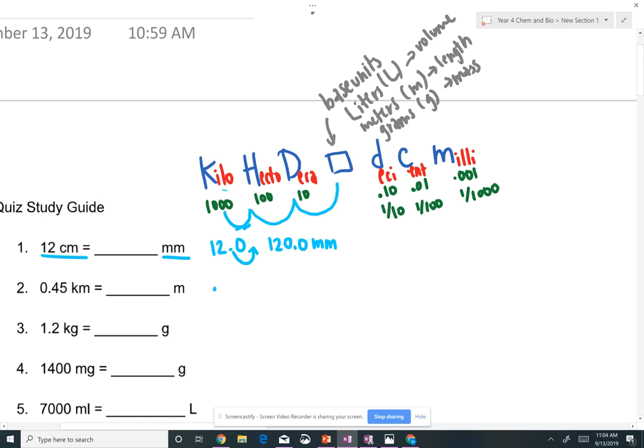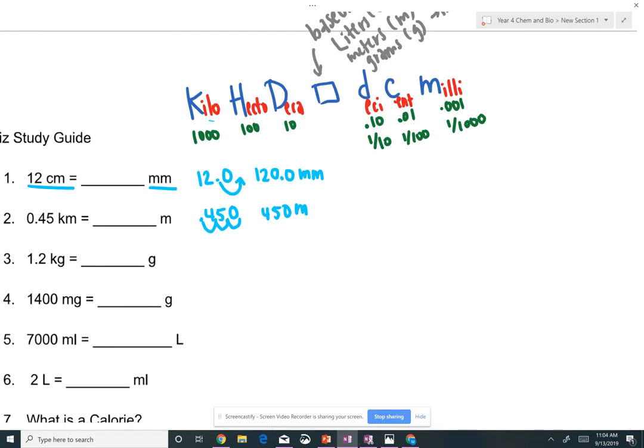I go 0.45, then 1, 2, and 3. So I add a 0 in that spot, and what I get is 450 meters. Okay. So our next problem, I'll go milliliters to liters.